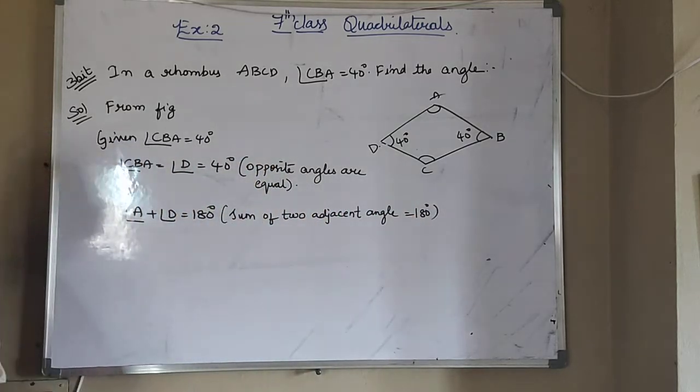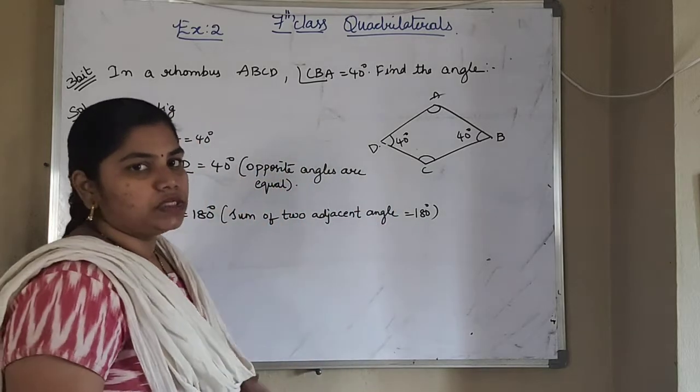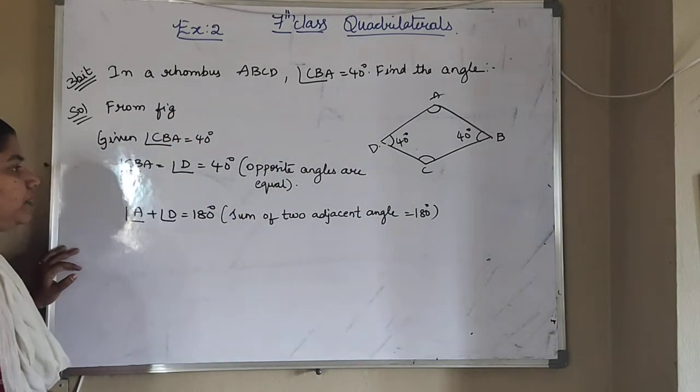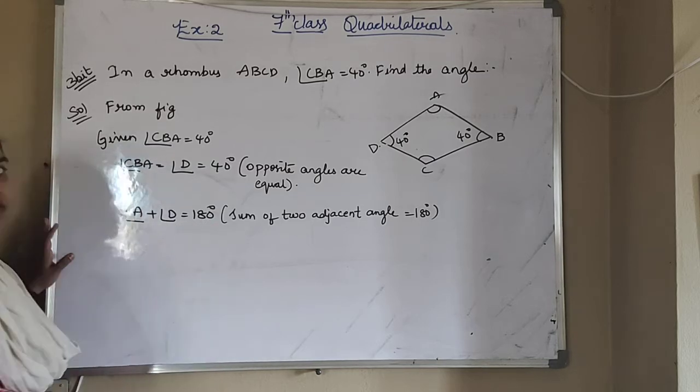So in any figure, any two adjacent angles if you add, that will be equal to 180 degrees. So here angle A plus angle D is equal to 180 degrees.